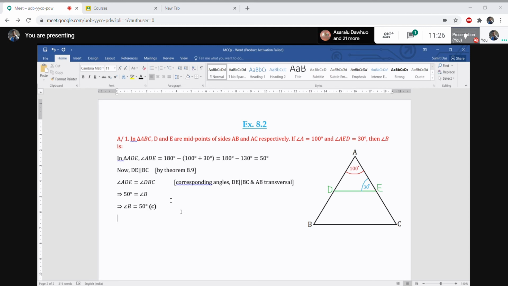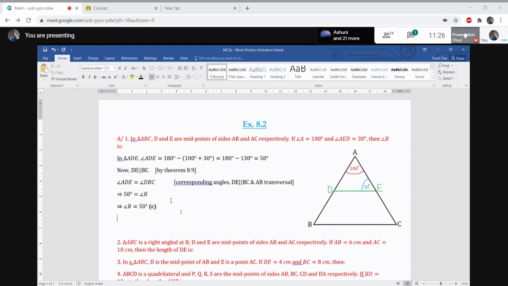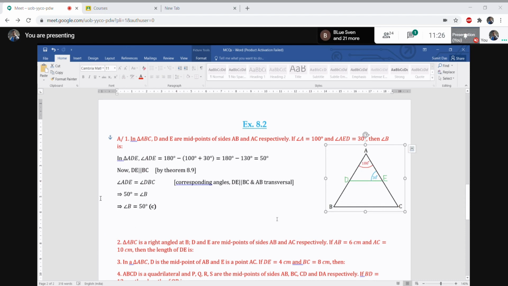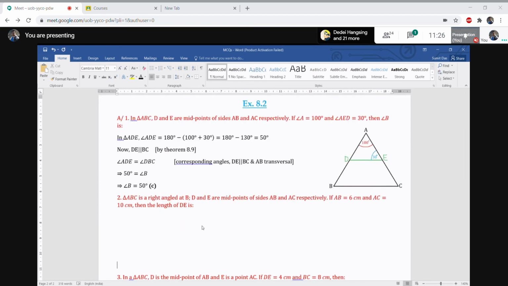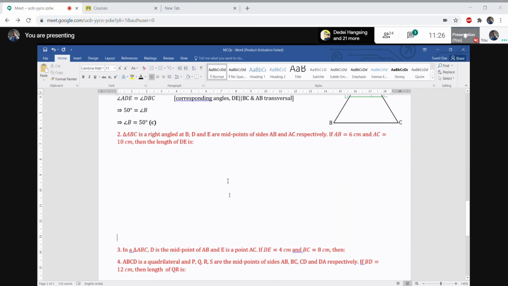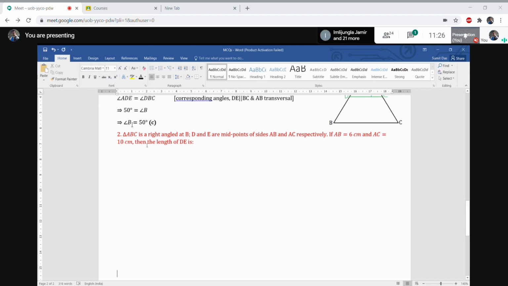Then question number two, in triangle ABC right angle at B. Okay, here also a diagram is needed, so just wait for a minute.